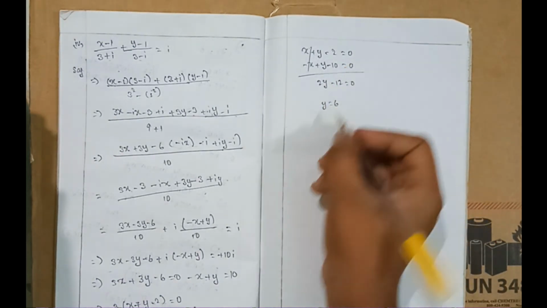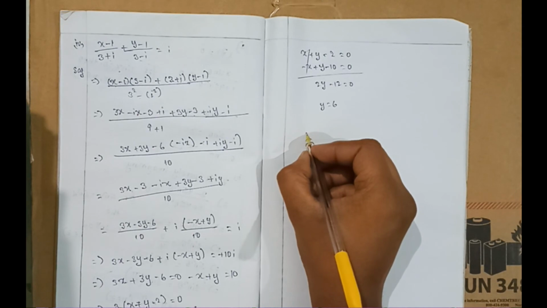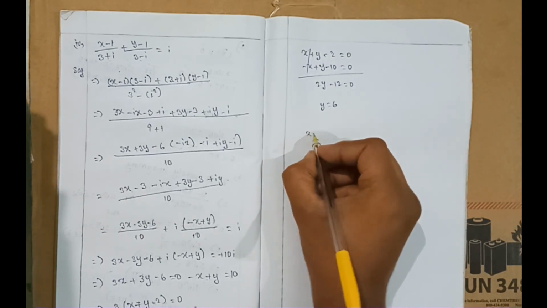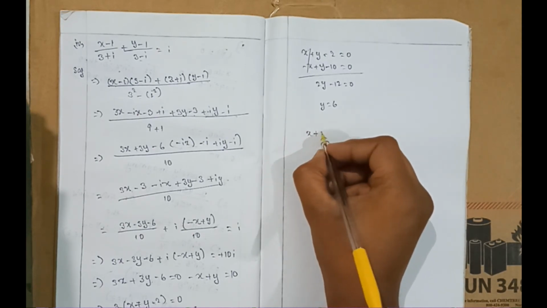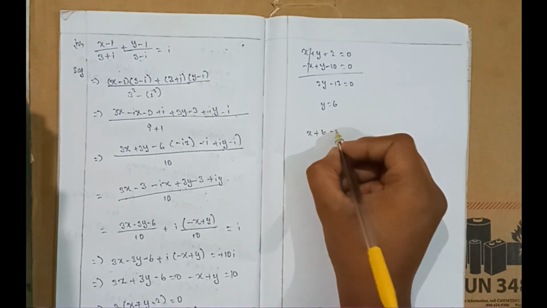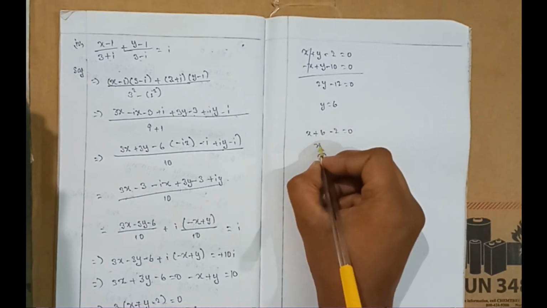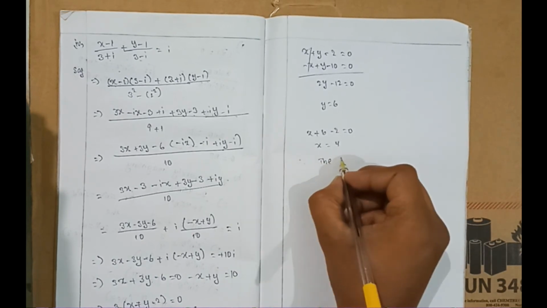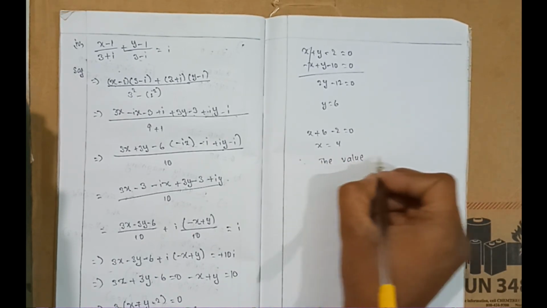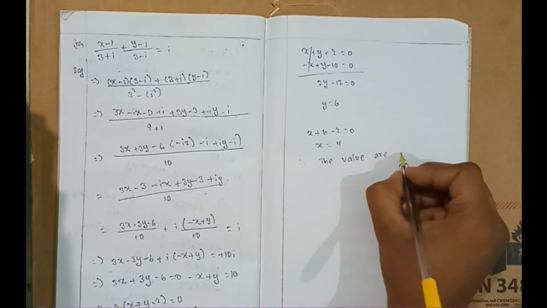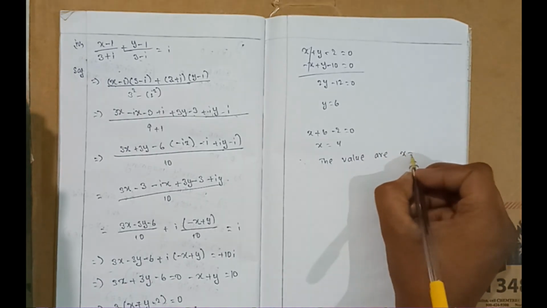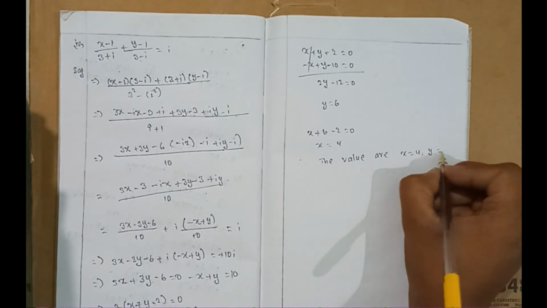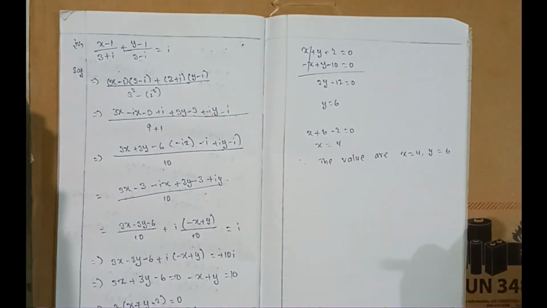If you substitute the y value in the equation, we will get x plus 6 minus 2 equal to 0, x equal to 4. Therefore the values are x equal to 4 and y equal to 6.